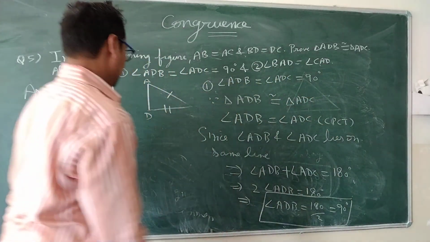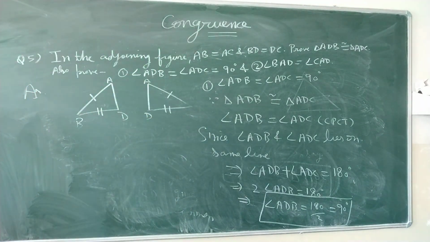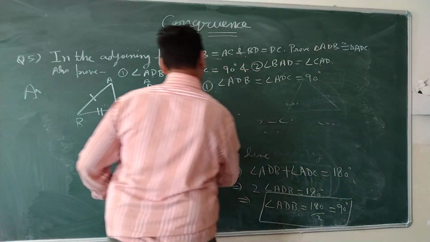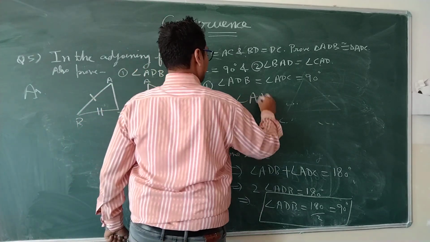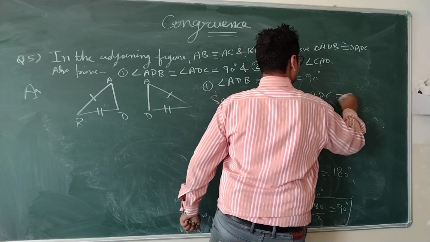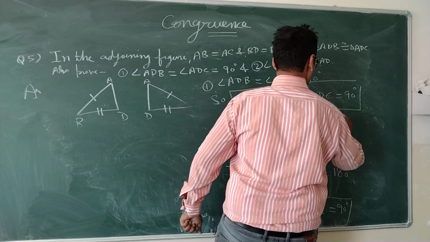So we can say angle ADB is equal to angle ADC, which is equal to 90 degree. Hence, proved.